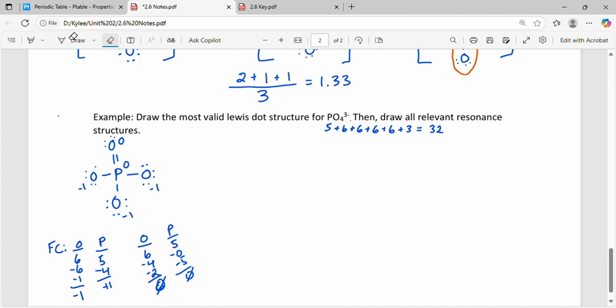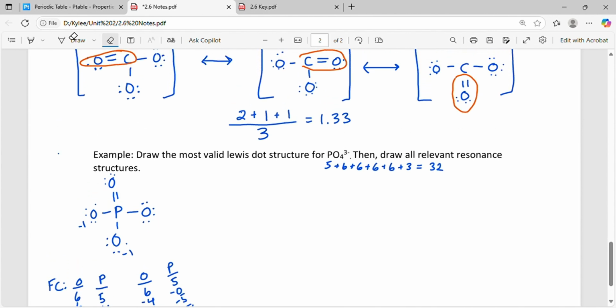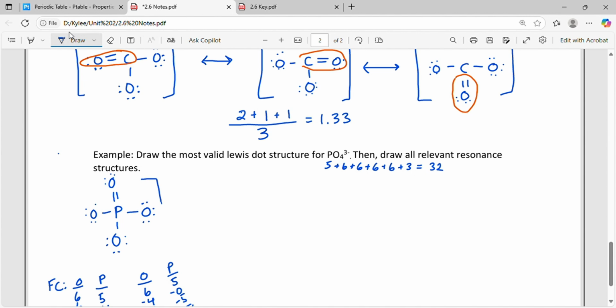So that is, as I mentioned, one of the reasons that we have expanded octets in the first place, because it helps reduce the formal charge involved. So I would say that this is a valid structure for phosphate. I'm putting it in brackets and with the -3 so that anyone else knows I've added 3 additional electrons.